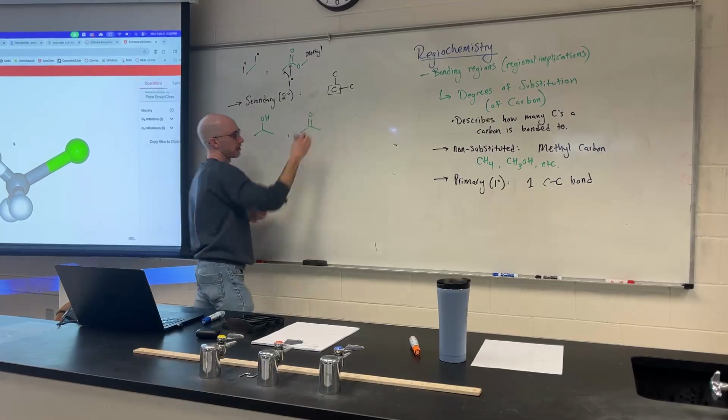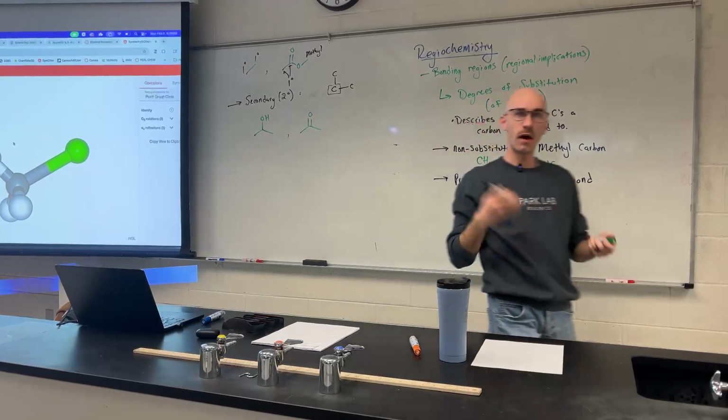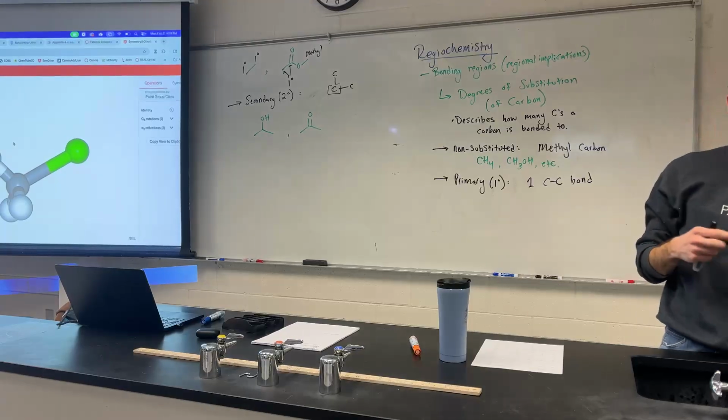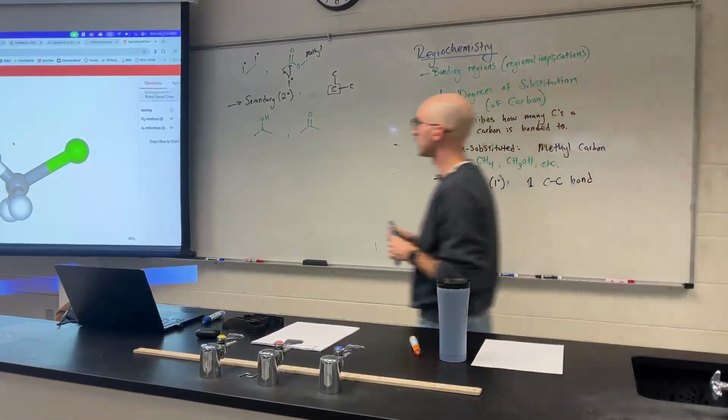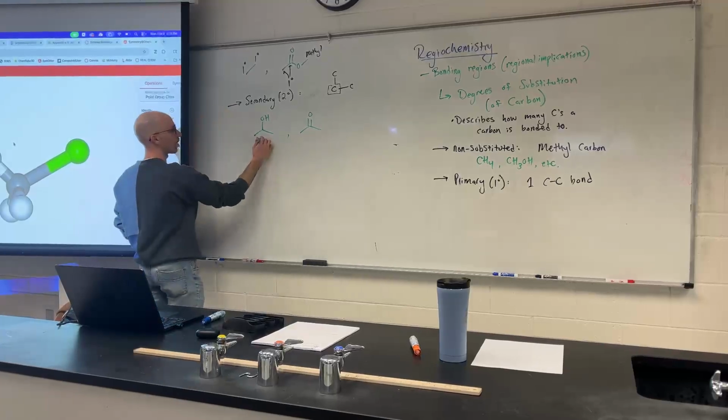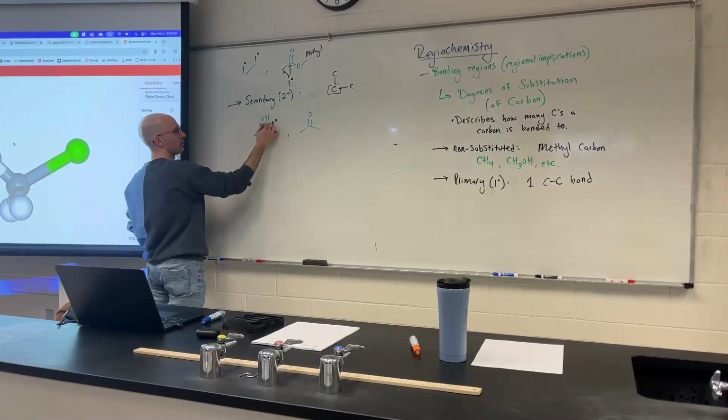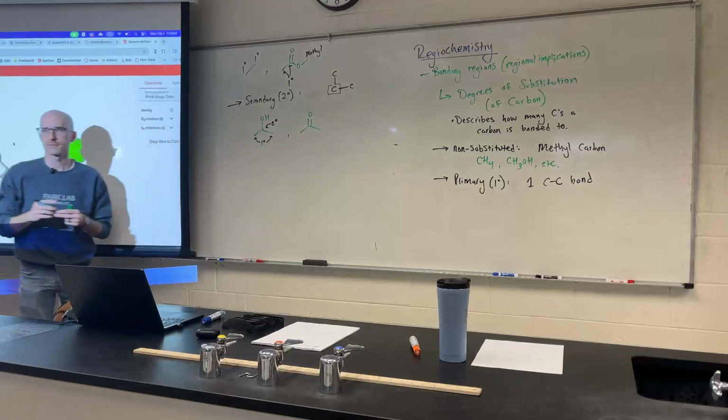Couple of compounds for us to consider here. Rubbing alcohol, isopropyl alcohol, has a secondary carbon right in the middle and 2 primary carbons on the outsides.